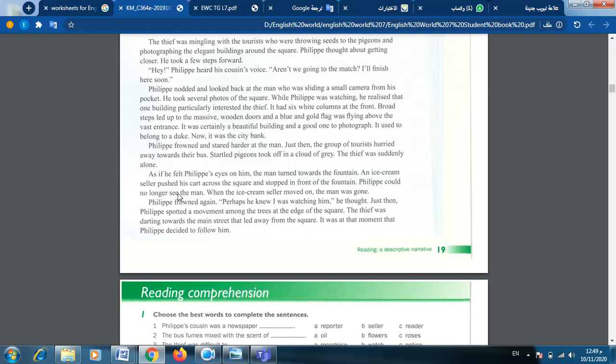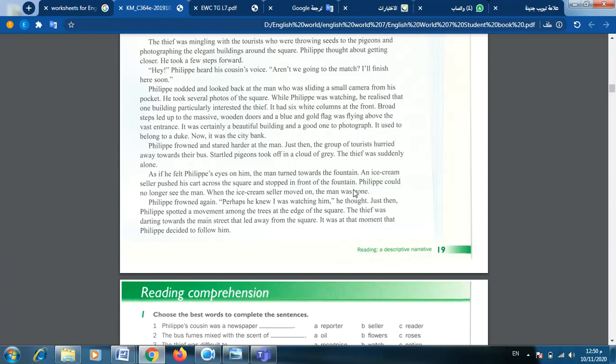Felipe could no longer see the man. When the ice cream seller moved on, the man was gone. Now the man was gone. He couldn't see him. Where is the man going?